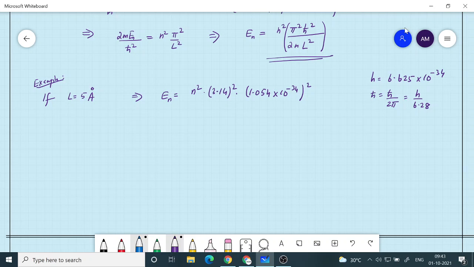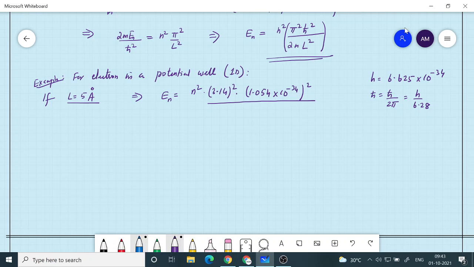Okay, so we then need to divide this by, suppose you take the particle as an electron, for an electron in a 1D potential well with L equal to 5 Armstrong.